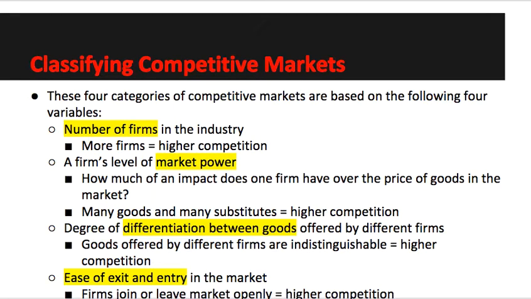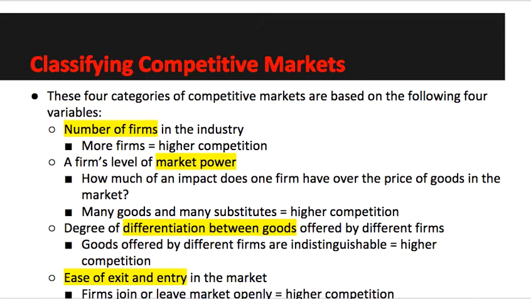But it's significantly different if I put a pound of ground beef on a plate in front of you compared to another firm's pound of ground beef. It's going to look essentially the same, or at least for most of us it will. So in that case, and any agricultural good, you could say the same thing with apples or watermelons. Those firms have very little market power. There's very little differentiation between the goods. Those marketplaces are more competitive.